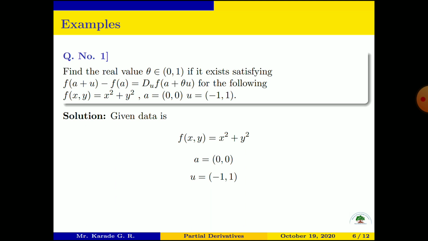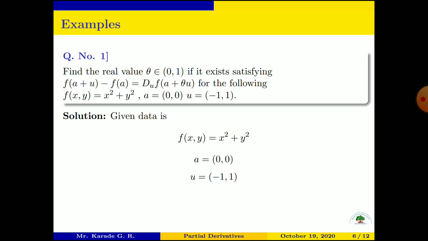So the given data is f of x comma y is equal to x square plus y square, point a is equal to 0, 0, and vector u is equal to minus 1, 1.